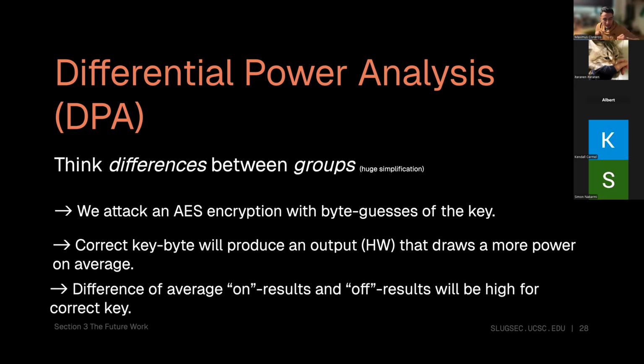One group is the instances where a specific bit of the output is on, and one group is the instances where a specific bit of the output text is off. Sorry, I shouldn't say byte, it's bit. When we have the correct key, the difference of the average of the on results and off results will be high for the correct key.